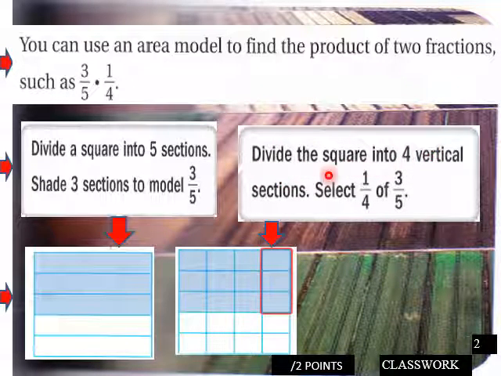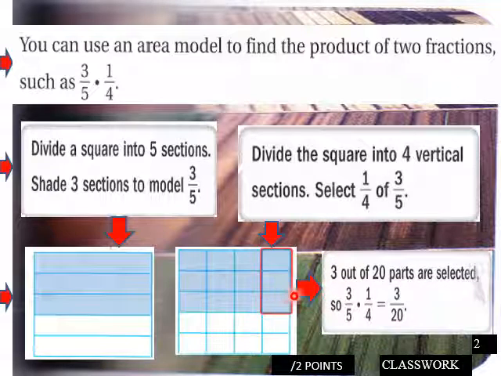Divide the square into 4 vertical sections. Select 1/4 of 3 over 5. So we have 1, 2, 3, and 4. And then this will be 1/4 of 3 over 5.